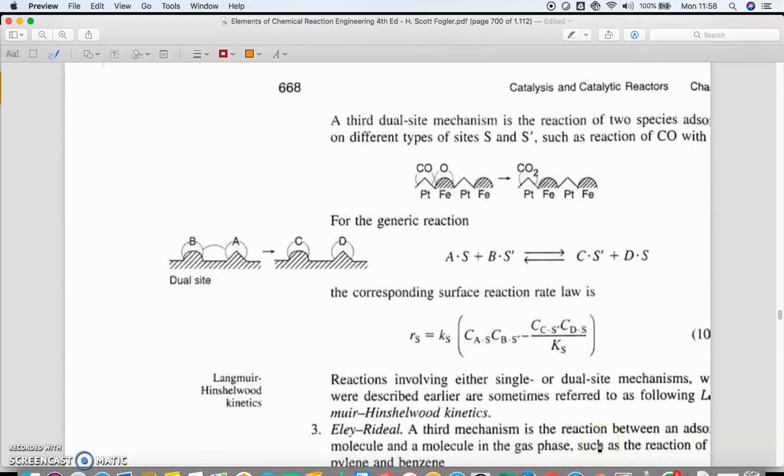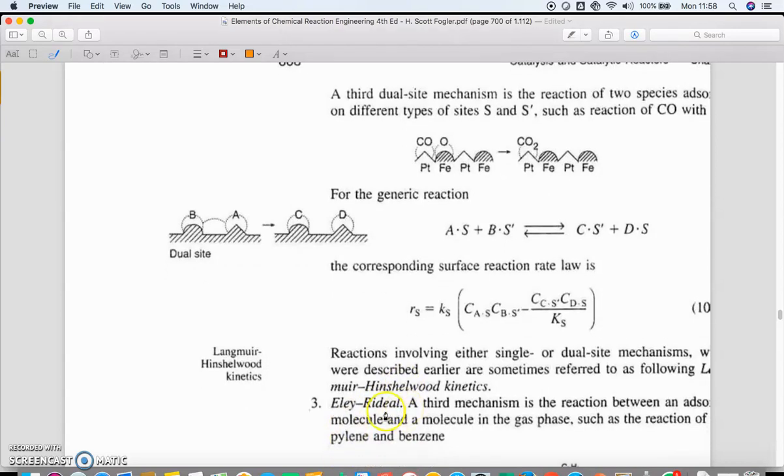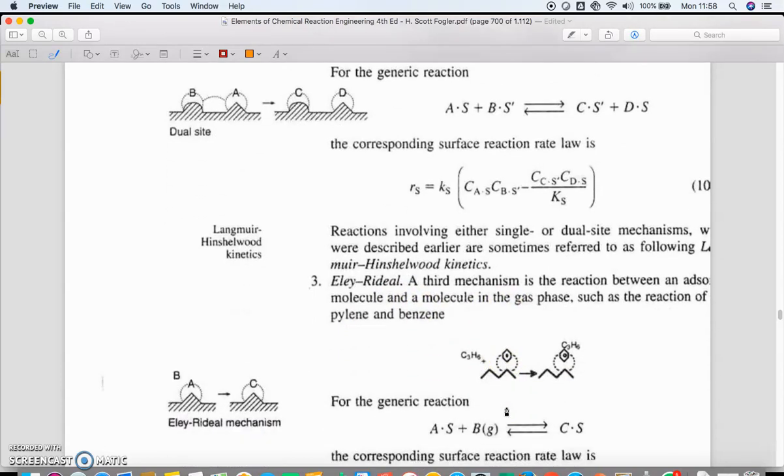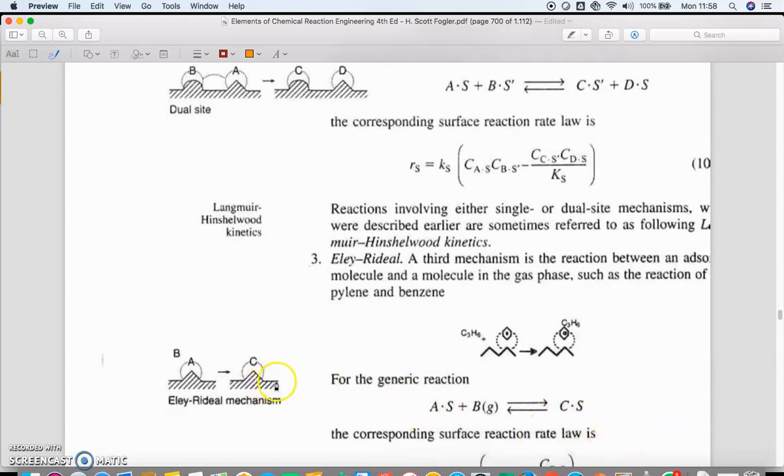Another mechanism by which surface reaction can be described, the third one, is the Eley-Rideal mechanism. So how is the Eley-Rideal mechanism? For example, say you have reactants A and B, and then you produce a product C. In this case, B will not attach on the active site.